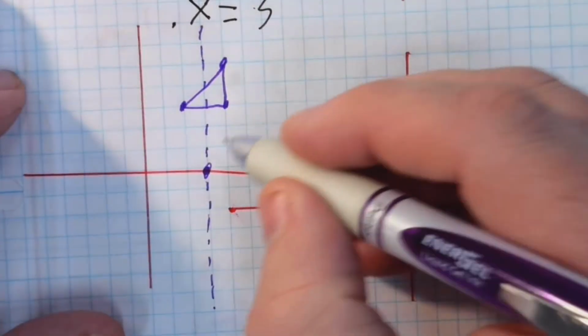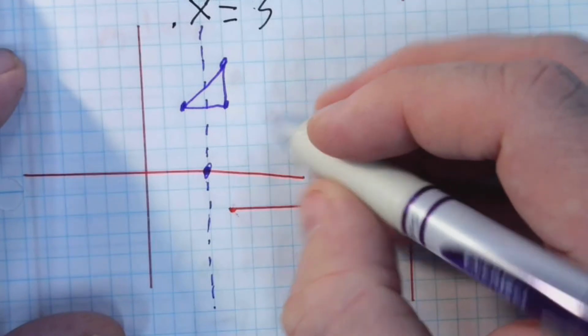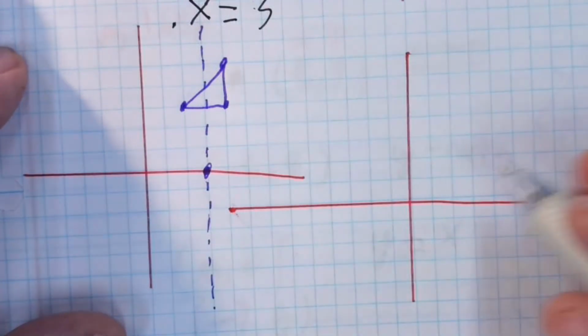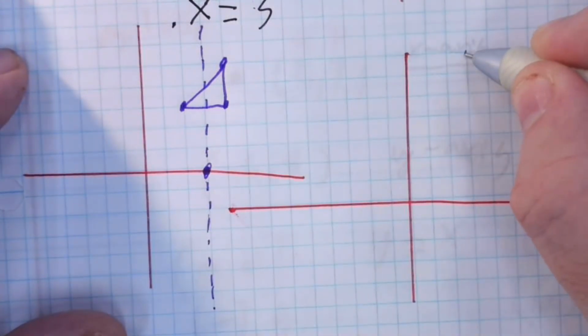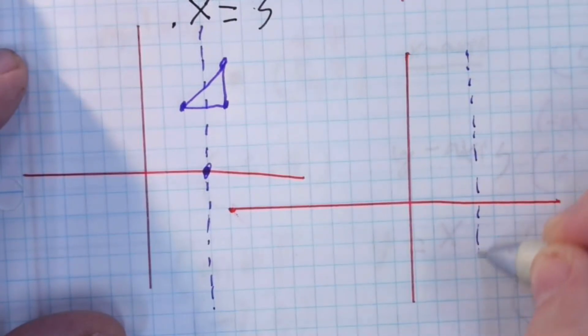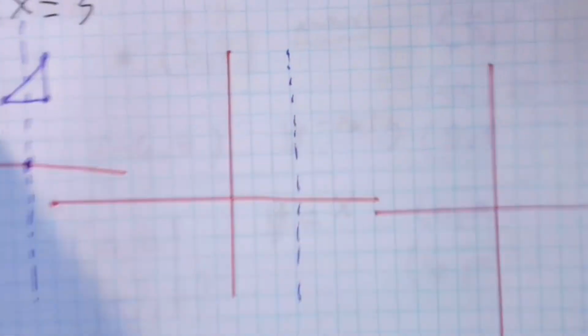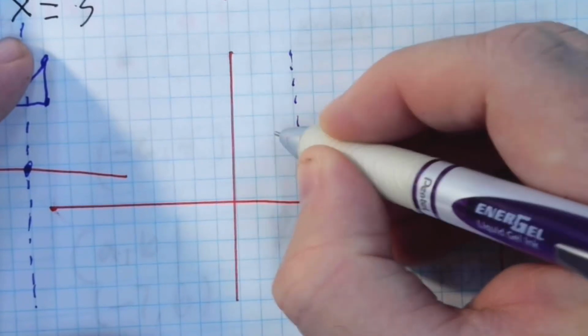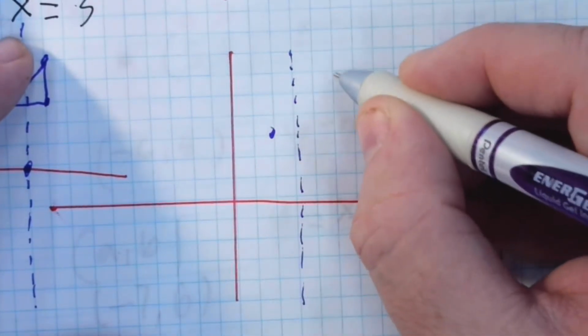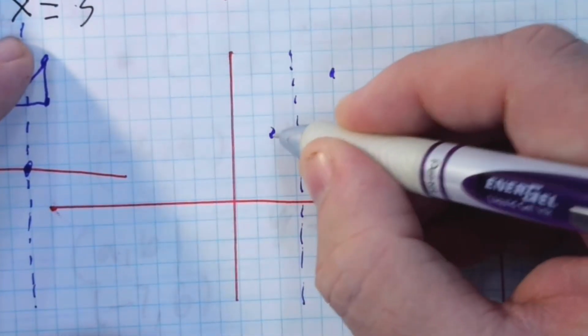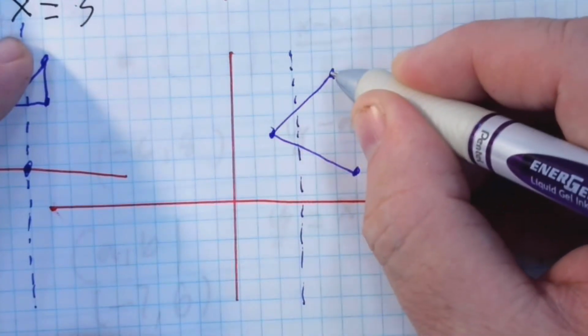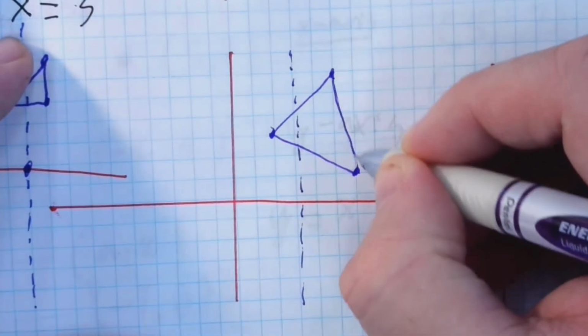Okay. I am not a big fan of what I did with this shape, so I'm going to do this again with a shape that is not going to be as confusing. You will have to do this sometimes where the shape does cross the mirror a little bit. This shape will be a lot friendlier.